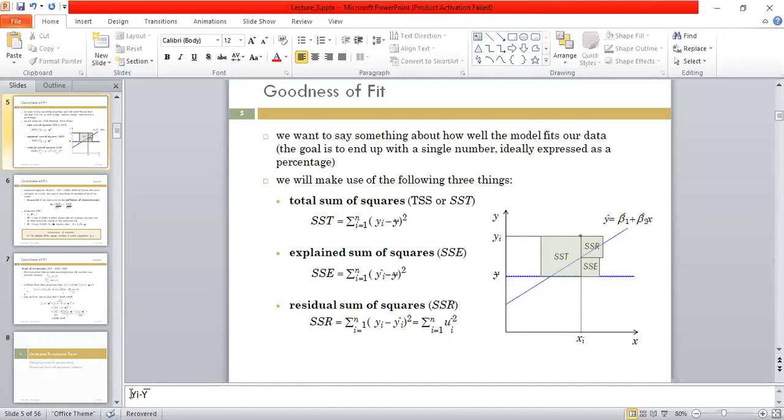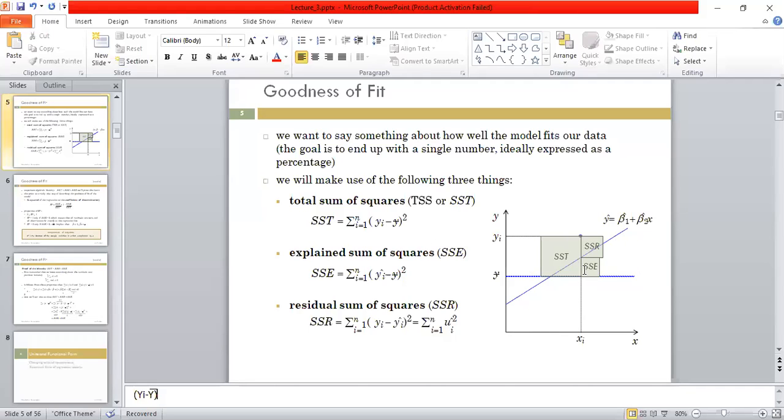So y minus y bar. Think about it. Here is a y value, and here is this y bar. There are many other values of y corresponding to x, so it's a huge lot of values, 30 values.